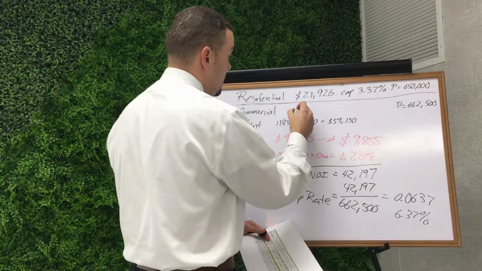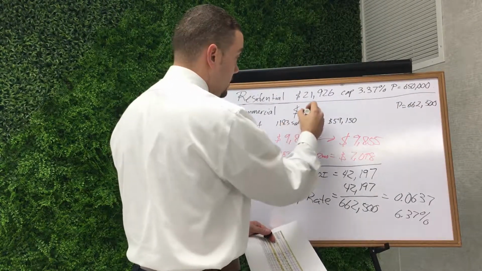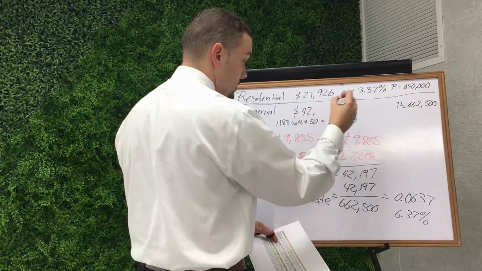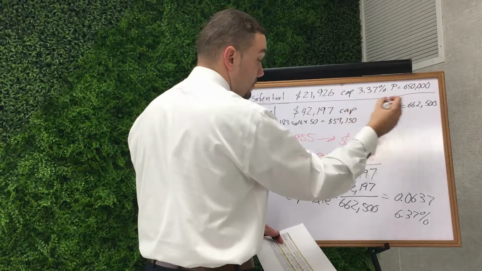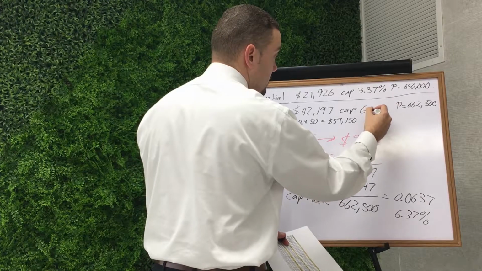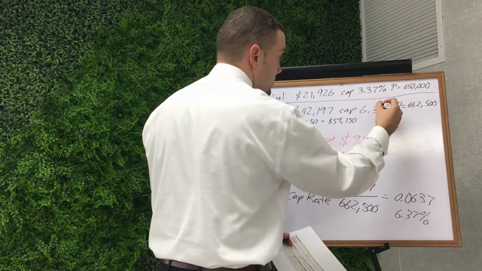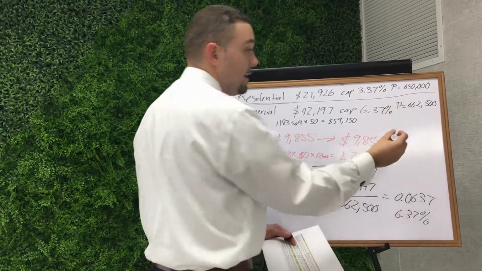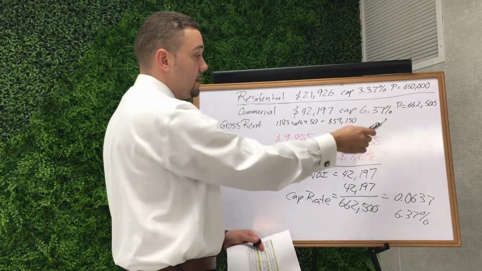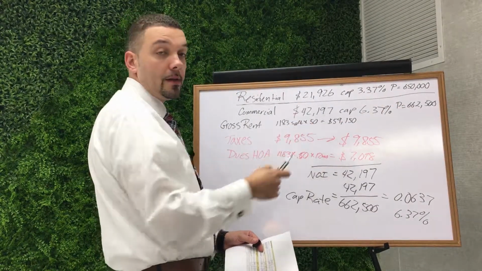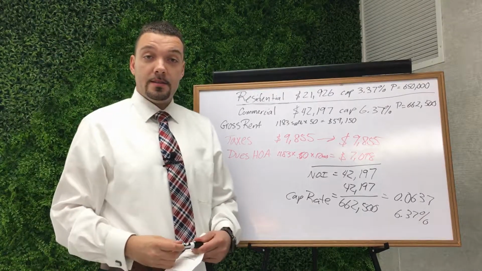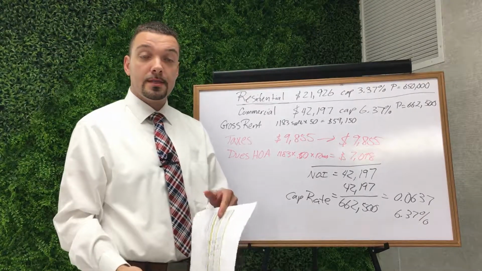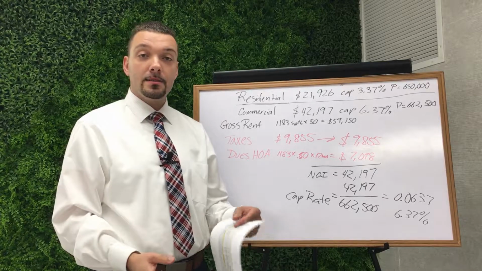So again, when we look at it, our NOI in this scenario is now $42,197 with a cap rate of 6.37%. Again, our purchase price was very similar, but you can see the comparison here between the two scenarios. Also, another thing to consider about commercial versus residential is the way that the lease is structured.